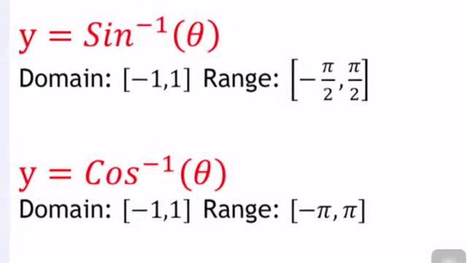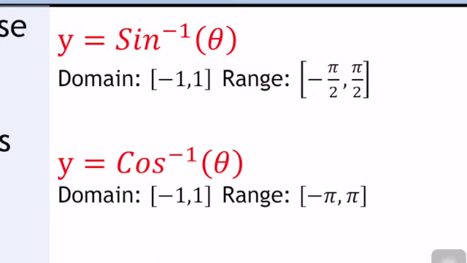So for sine inverse, the domain is going to be from -1 to 1. This is now the answer. Whatever goes inside of the x are now your answers: the 1/2, the radical 3 over 2, the radical 2 over 2.